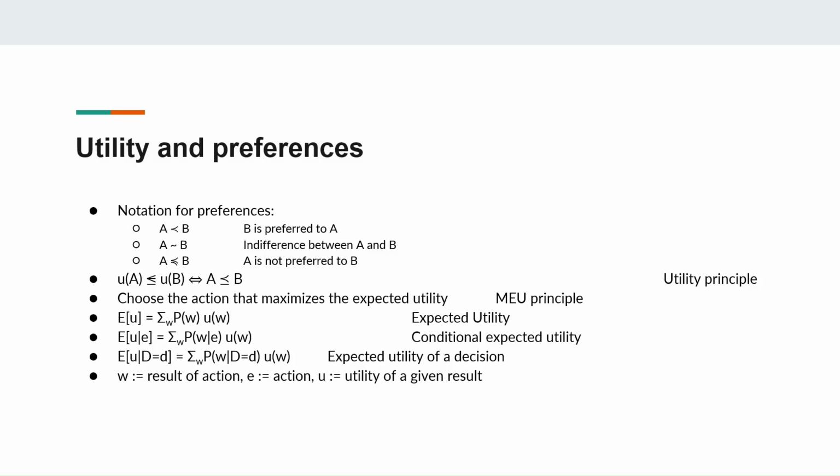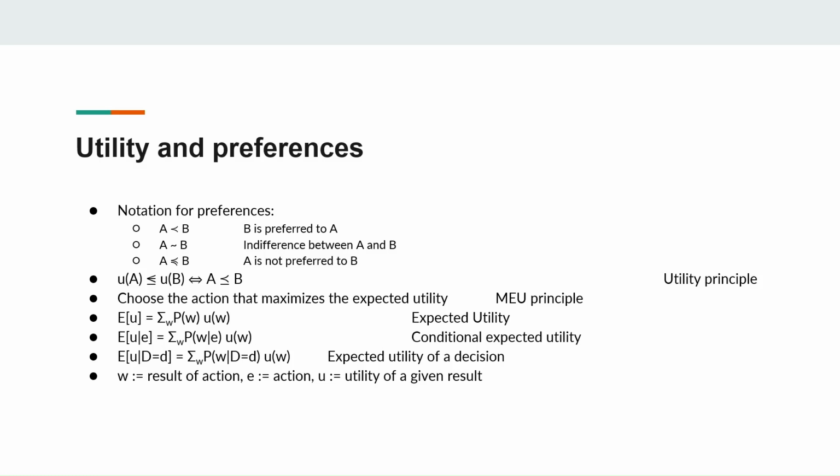Something that you should also keep in mind is, if you have this: here we say we prefer A over B, and we also say we prefer B over C. Then we should also have that this is the case.